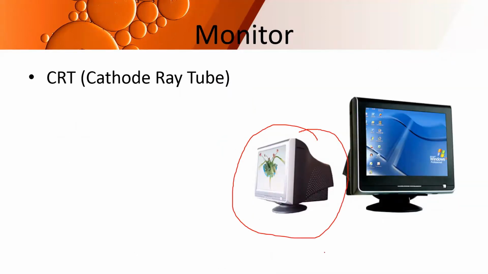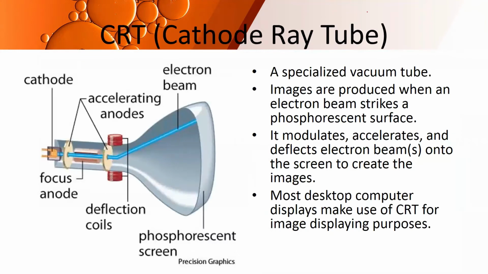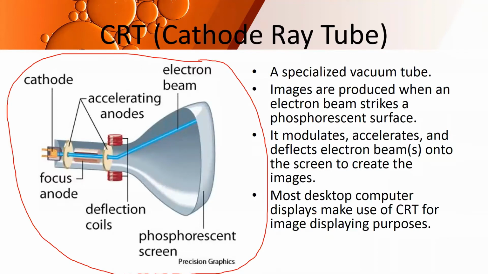This cathode ray monitor which you see over here, you can see that it's quite bulky, it is large in size, and it takes up a lot of space on your tabletop. So why is it so? The reason is because you have this huge picture tube which is there inside your CRT monitor.